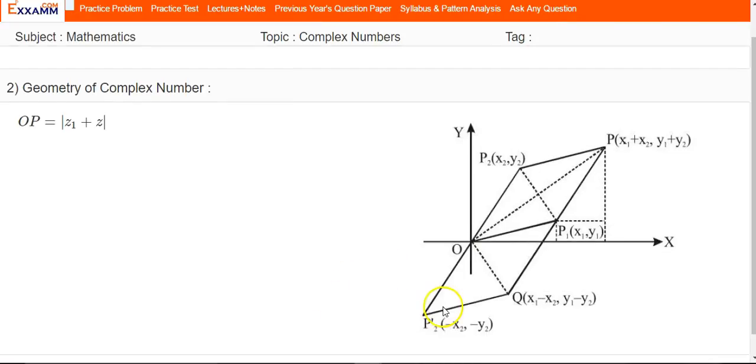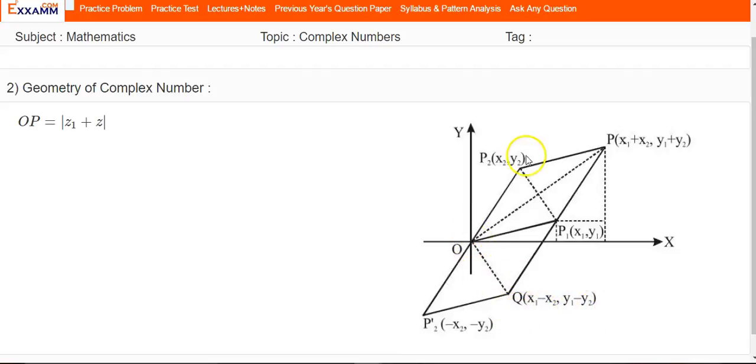Similarly, when we go for minus z2, it is minus x2, minus y2, so we draw it backwards and we reach here, and we complete this particular parallelogram OQP1P2 dash. So this point is x1 minus x2 and y1 minus y2.